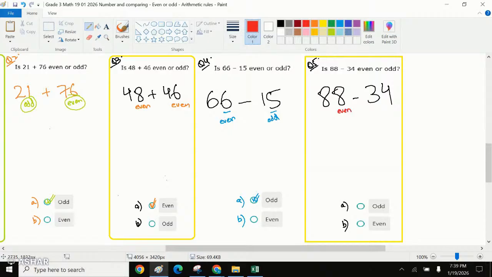Minus 34, and 4 is an even number, right? So when both the numbers are of the same type, then the answer is always even.